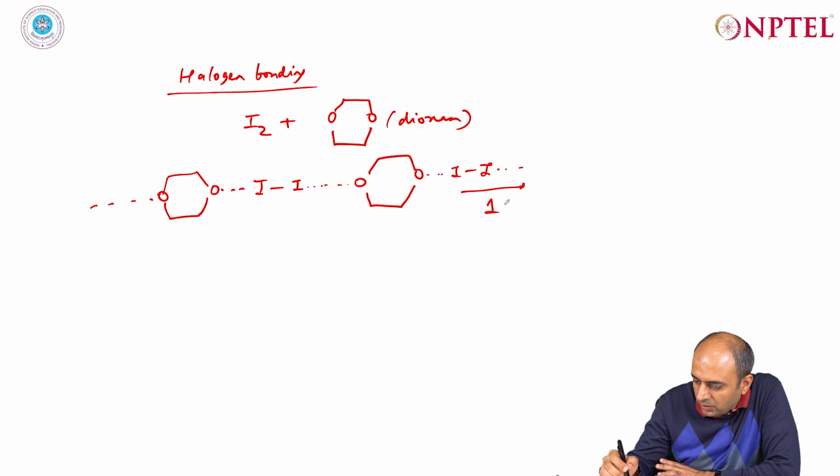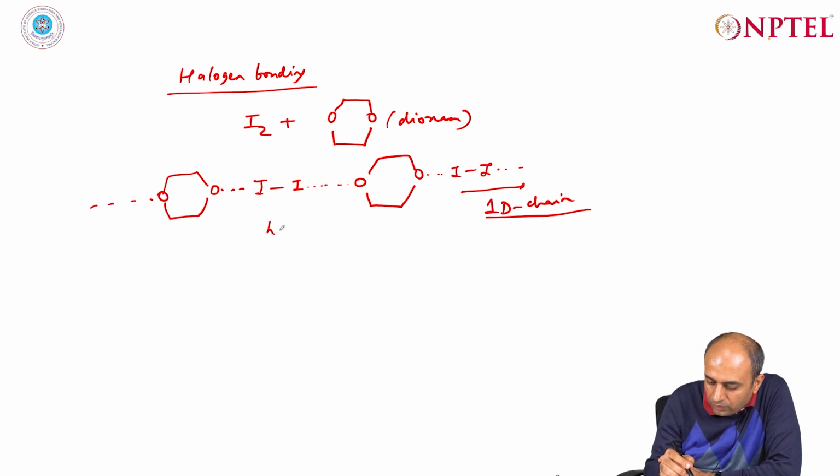So, this forms a 1D chain of iodine oxygen contacts. These are halogen bonds which are mediated by iodine oxygen contacts.